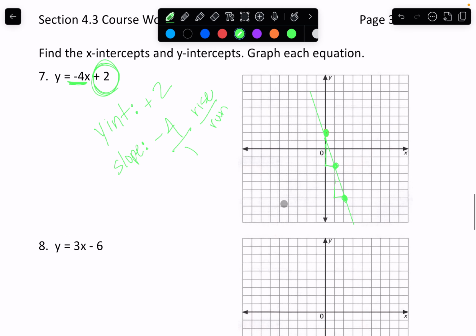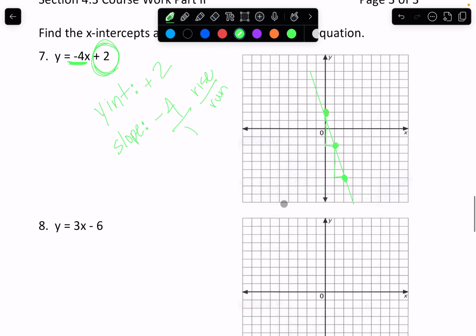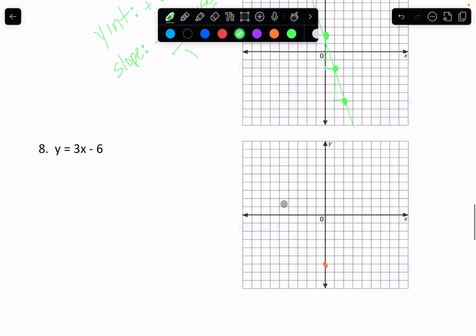All right. Here we go. We need y-intercept and slope. Y-intercept, we're just going to look here: -6.